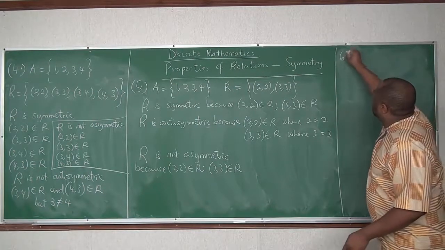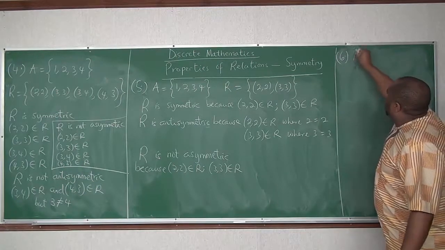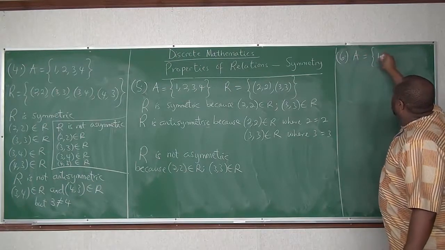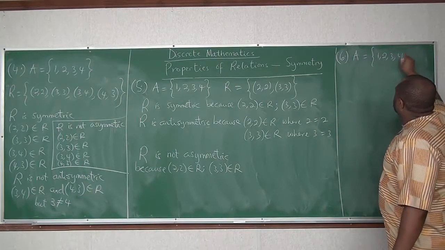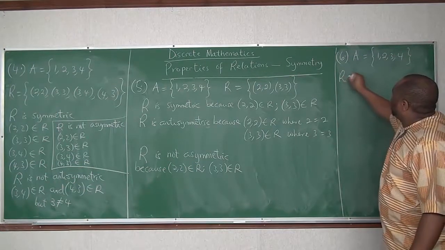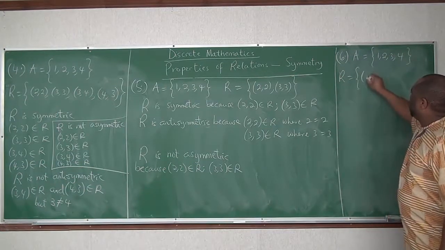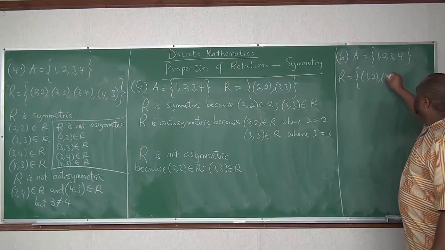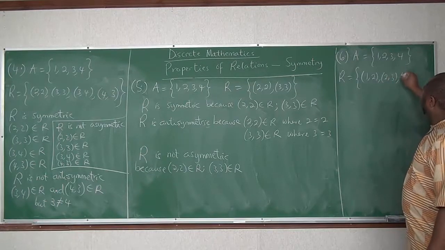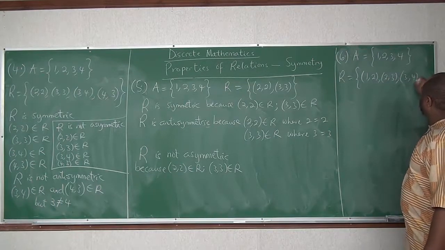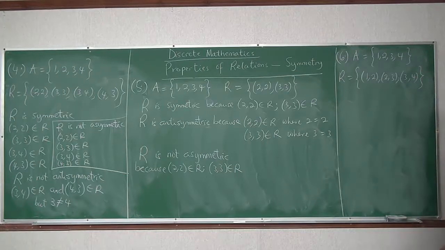Example 6. If we have A to be {1, 2, 3, 4}, and we have R to be {(1, 2), (2, 3), (3, 4)}, other pairs.